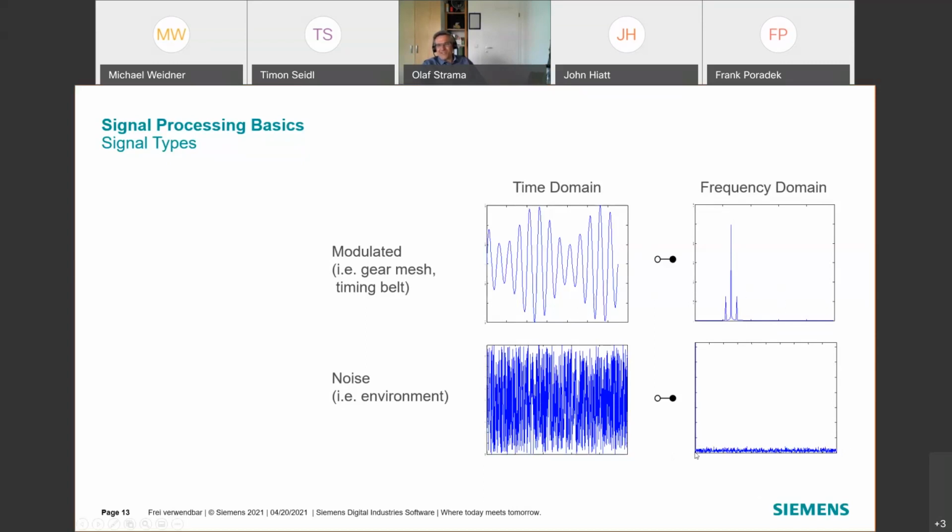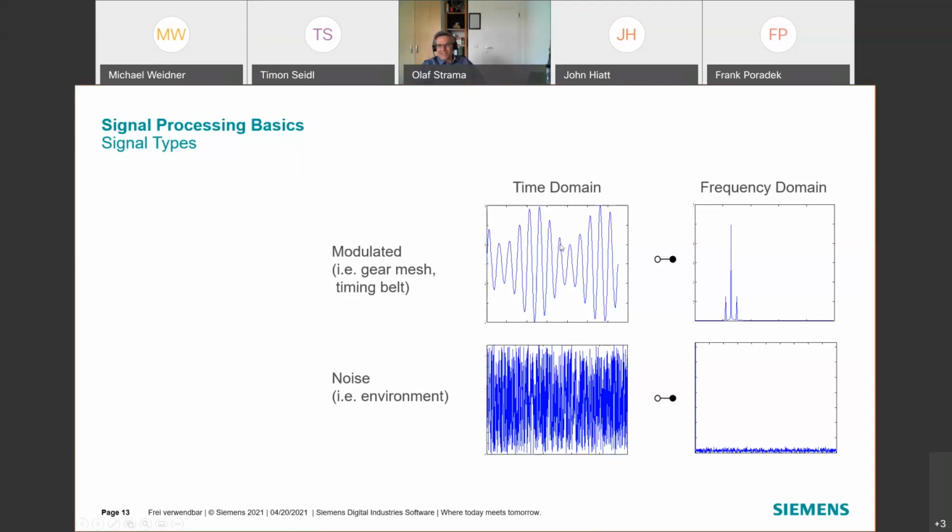So that also shows the importance of good noise shielding from the environment, and of taking care about the noise of the sensor and the noise of the acquisition unit. Since if the noise is too high, then it will cover these small frequency peaks, and we will not be able to measure or assess small deviations at the gear mesh, for example.